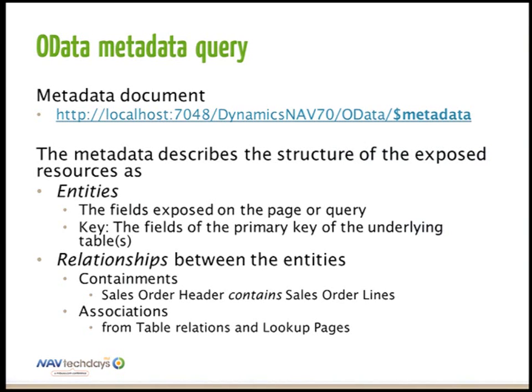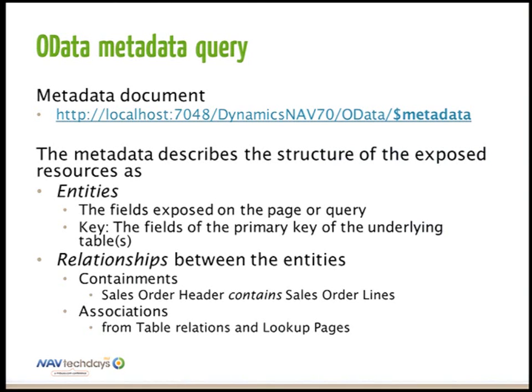So if you expose a page, there are two ways you would get relations. The first one is if you have a sub-page on the page. So let's say you expose the sales order page. There you will have a resource called sales order, and you will also have a resource called sales order lines, which is exposed automatically, and you will have the relation between the two tables automatically.